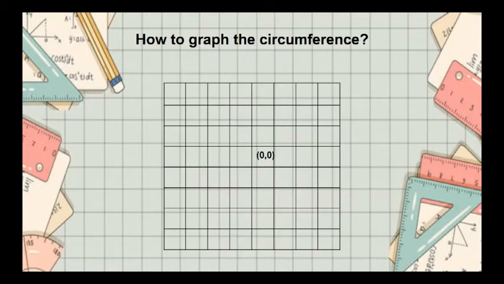How to graph the circumference? You must know the equation of the circle. The standard form of the equation for a circle is (x minus a) squared plus (y minus b) squared equals radius squared.